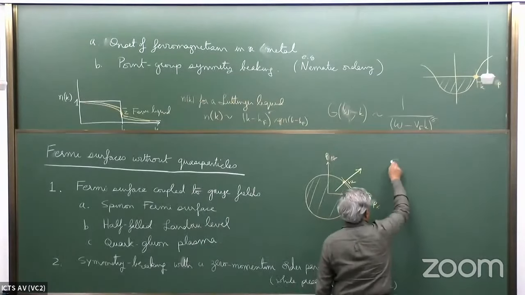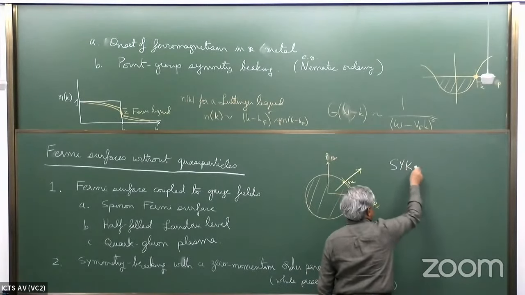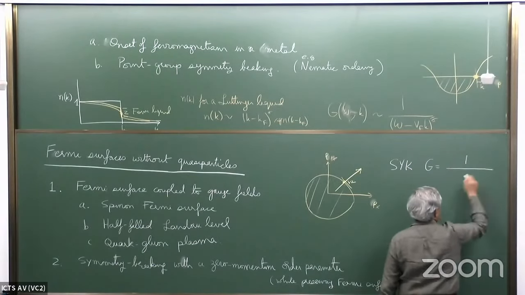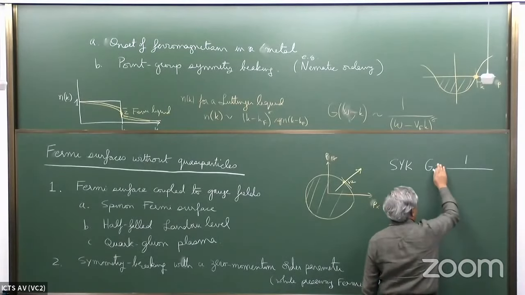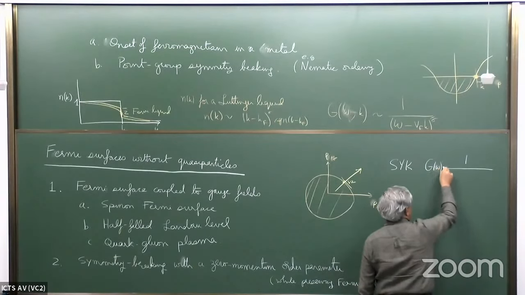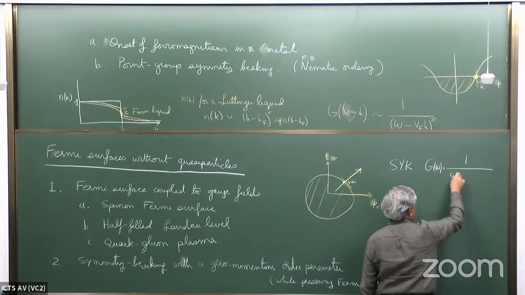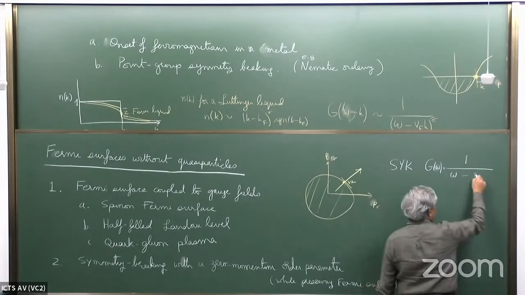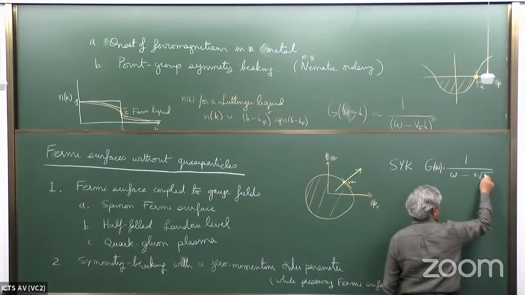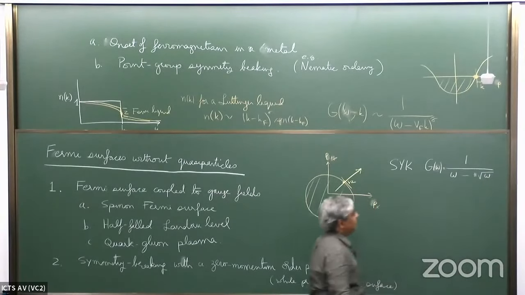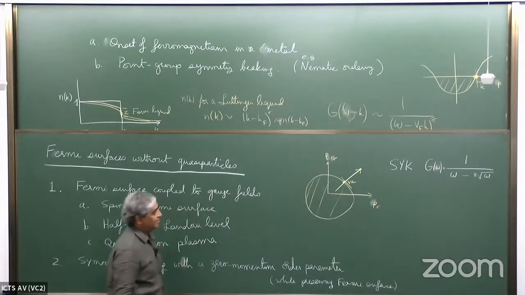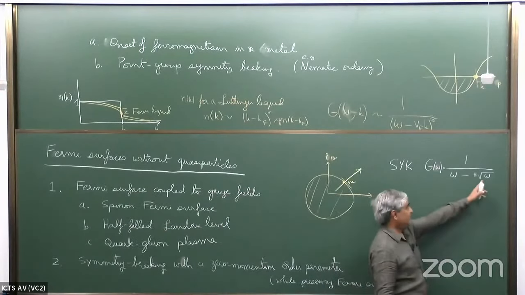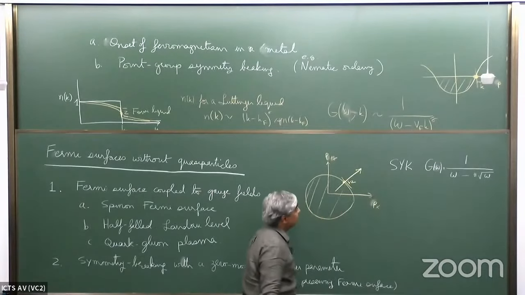What we learned in the SYK model was that the Green's function at low frequencies, G of omega, had a bare term, omega here, and then you got, with some prefactor, some square root of omega term. Okay, that's what we learned in the SYK model. There was a singularity which was purely local and just depended on a singular omega dependence.